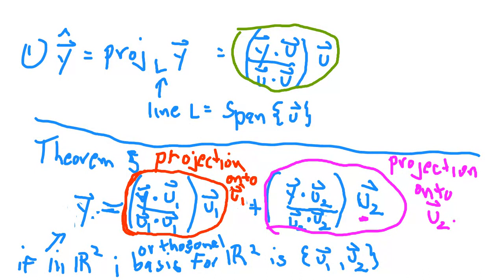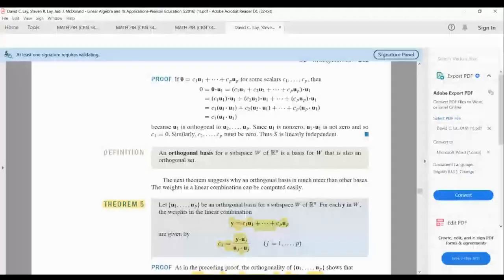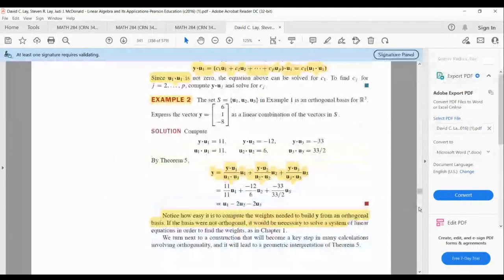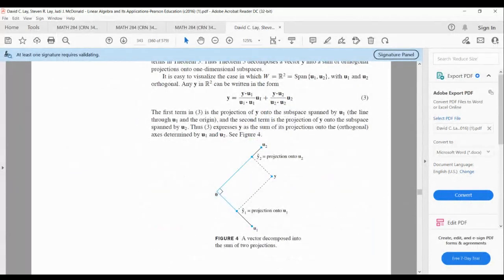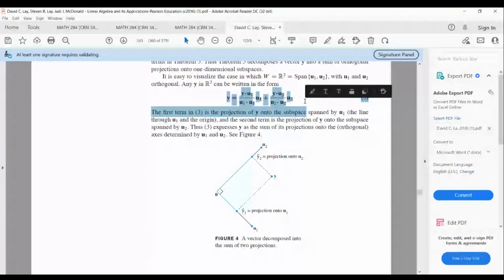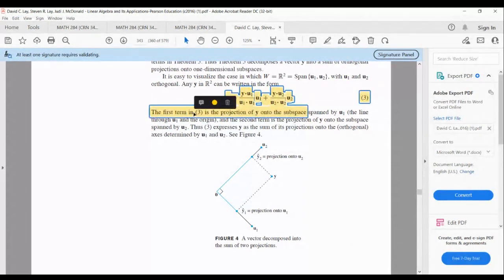is, whoops, hold on. I don't want to do that. No. Let me go to theorem 4 here. Hold on. Yeah, this is what I want.